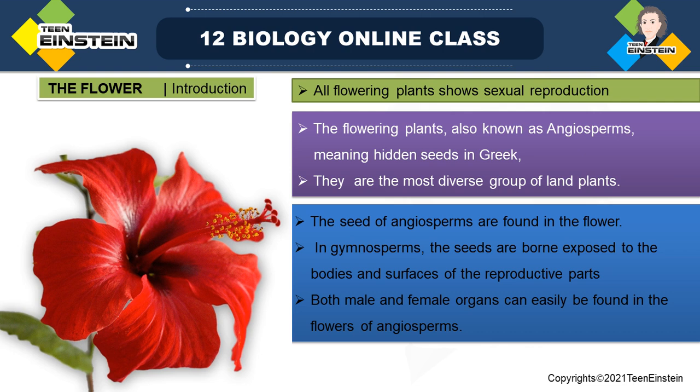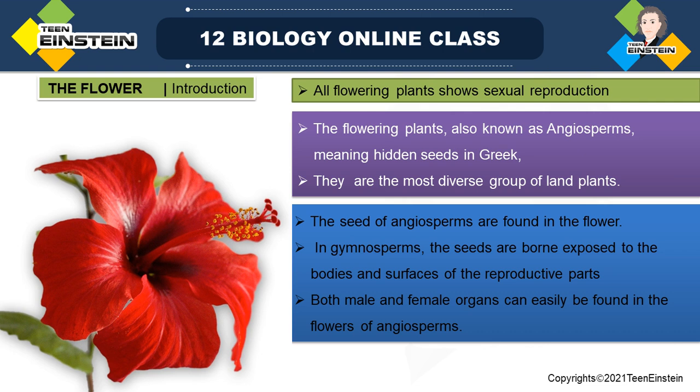Sexual reproduction takes place in different steps. They are called pre-fertilization, fertilization, and post-fertilization.